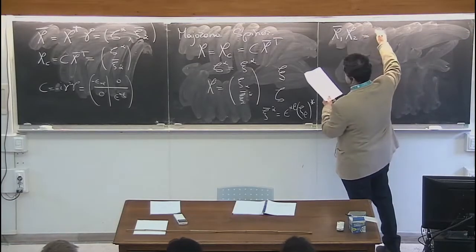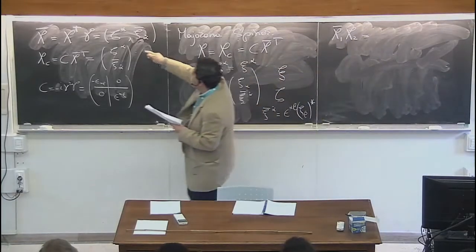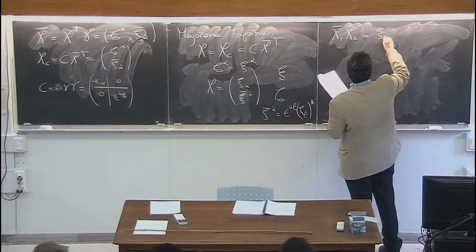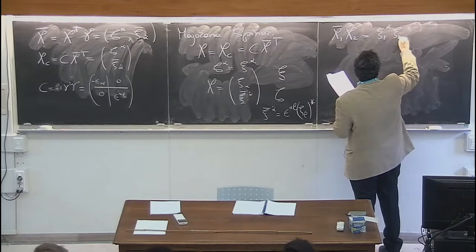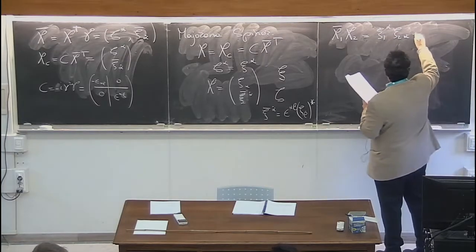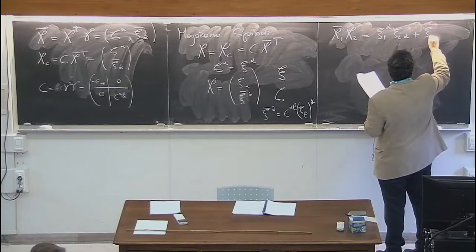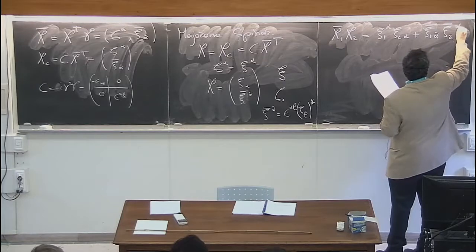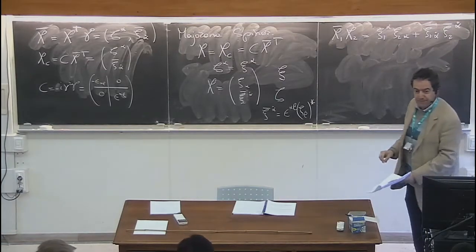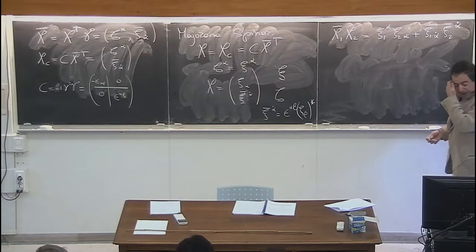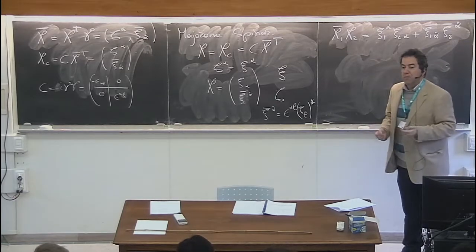So this can be written, we just recall this expression here, as xi1 alpha, xi2 alpha plus xi1 bar alpha dot, xi2 bar alpha dot, right? This is the expression of the Lorentz invariant contraction between two Majorana spinors.